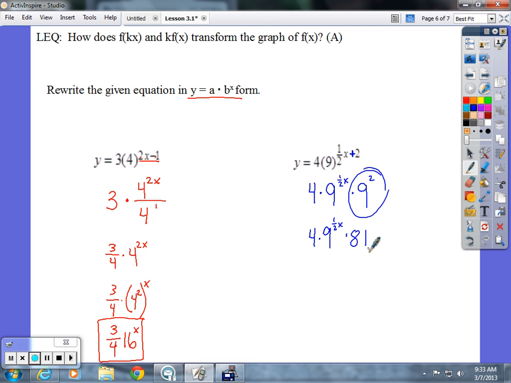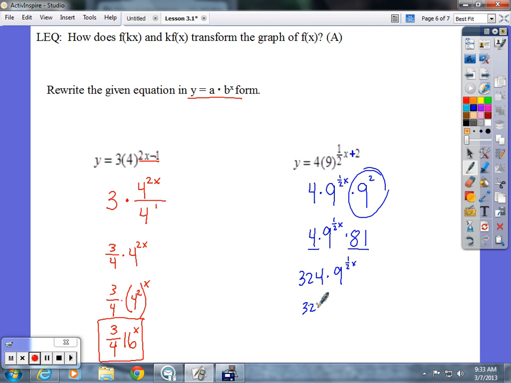Now the reason that helps is because multiplication is commutative. I can do it in any order I want, or group it however I'd like, associative. So 81 times 4 gives me 324 times 9 to the 1/2 x. Again, I have multiplication here, which means I can separate that into power of powers.